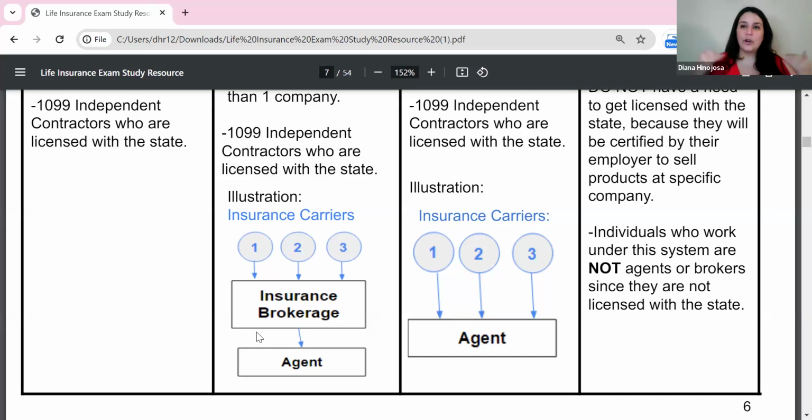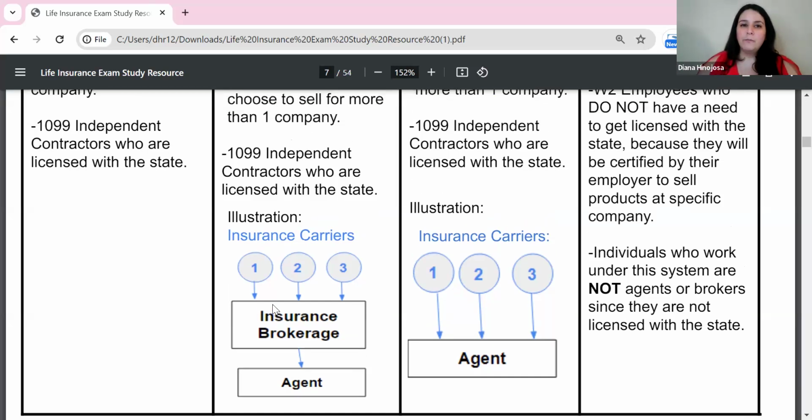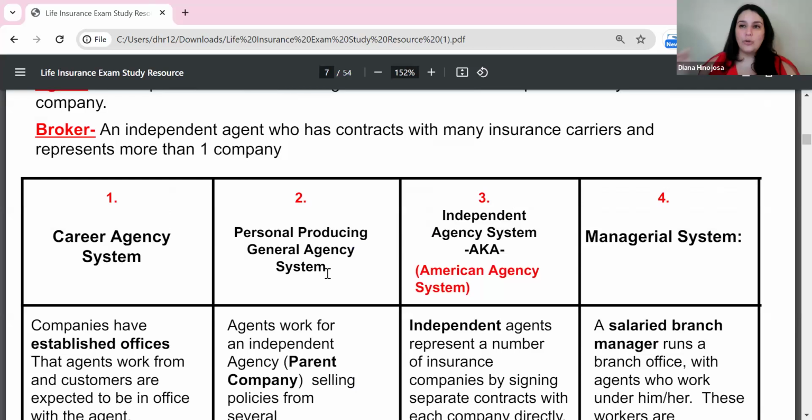And again, this is your MLM type of company where you will be able to go recruit other agents, train them and help them get licensed through this system as well. Right, so that is your first one that I really want you to know, because this is where typically most agents start. The majority of companies participate in this system, your personal producing general agency system.